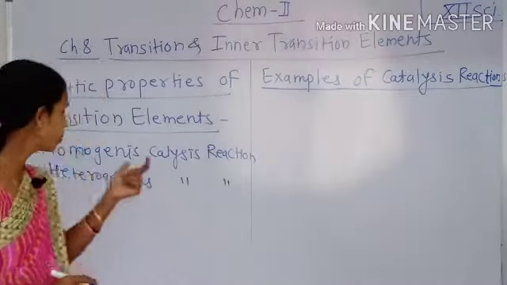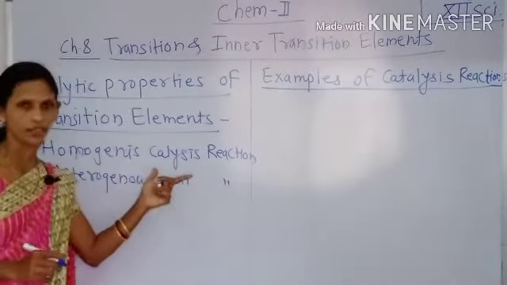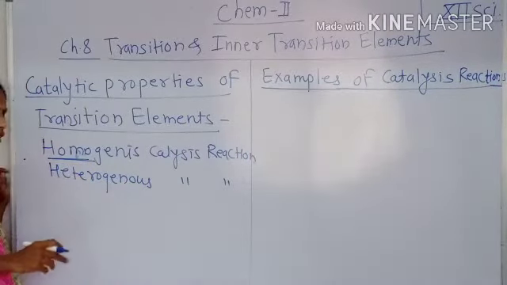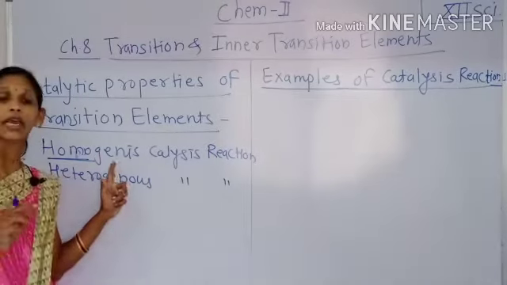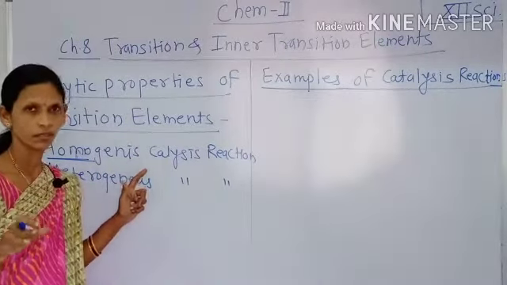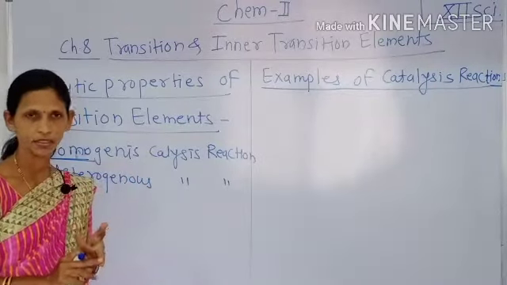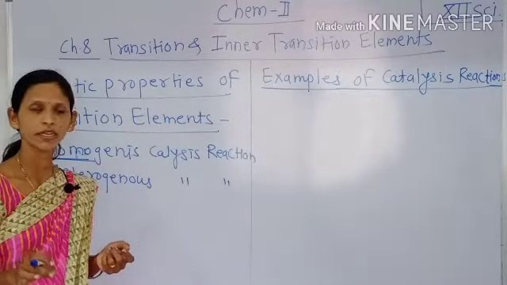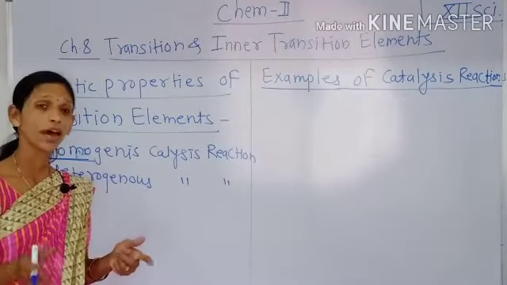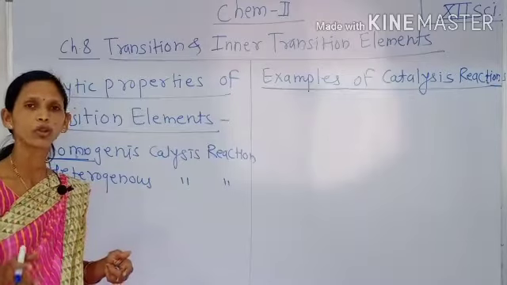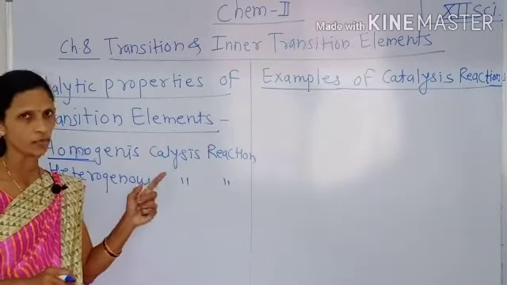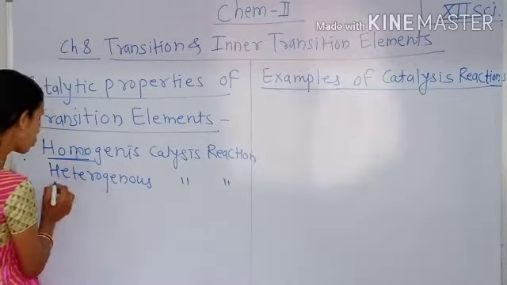All of you are aware of homogeneous catalysis. Homo means same, that is, when catalyst and reactants are present in the same phase. That means if reactants are gaseous and catalysts are in gaseous state, then it is a homogeneous catalysis process. If both catalyst and reactants are in solid state, then that type of reaction is also called a homogeneous catalysis process. And what is heterogeneous?